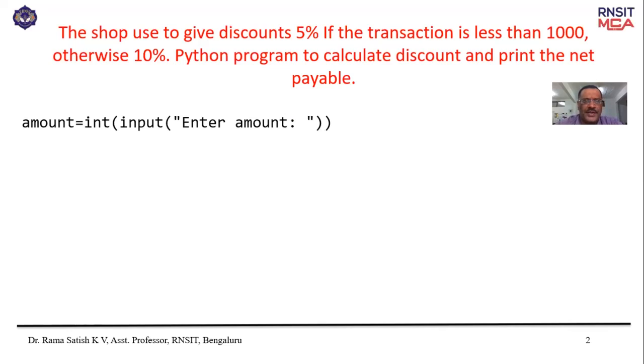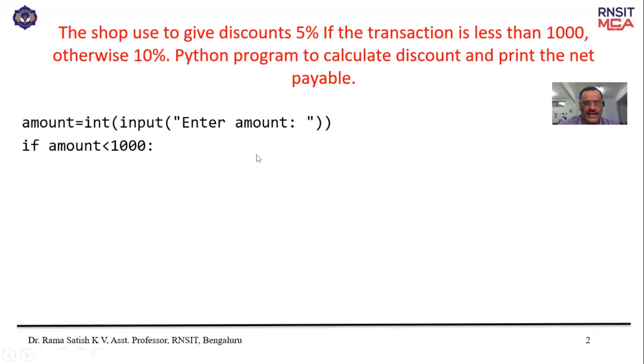First, you take the input, convert it into integer, and store it in a variable called amount. Next, if the amount is less than 1,000, we know the discount we get is only 5%.